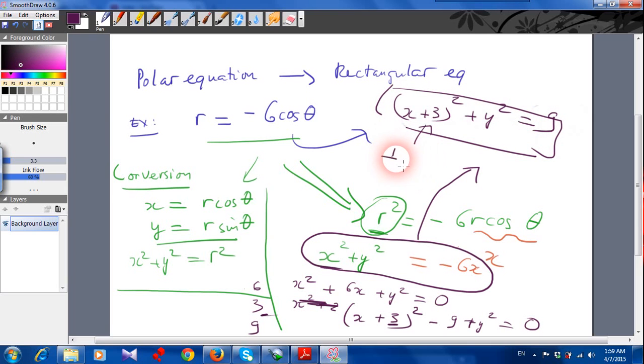This equation is a circle, right? So the center is (−3, 0), and r is 3.